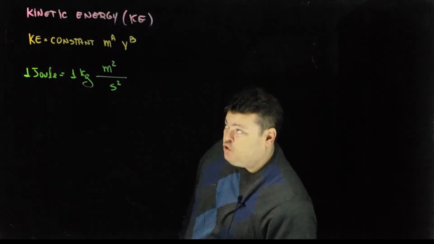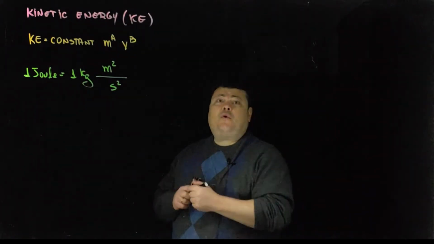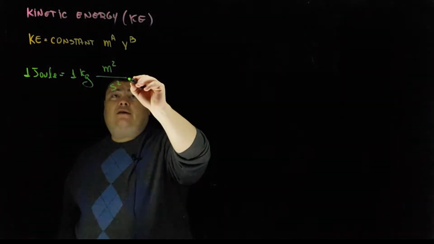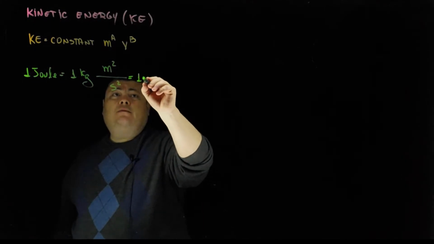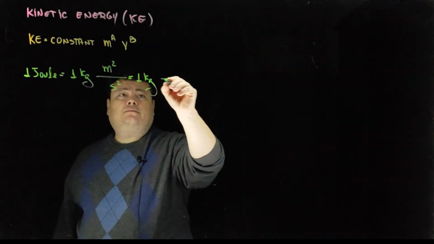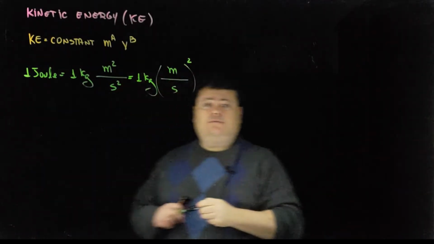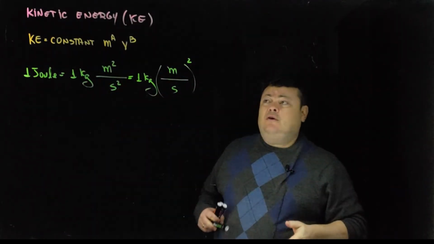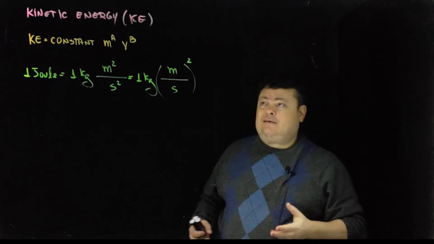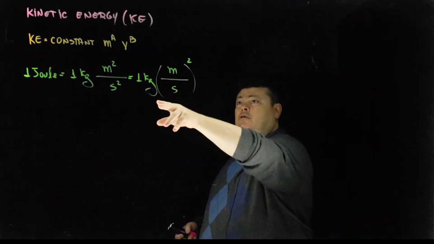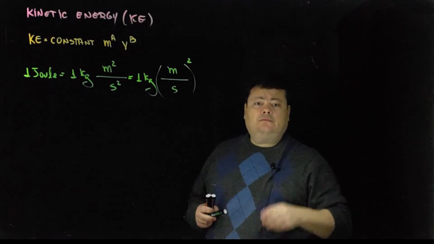Okay, you guys are having some trouble. Let me just rewrite this here. I could write this as 1 kilogram times meter per second, squared. So now please tell me, what combination of mass and speed could produce kilogram meter per second squared?